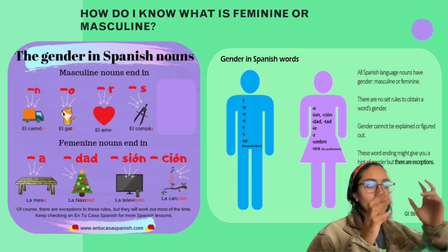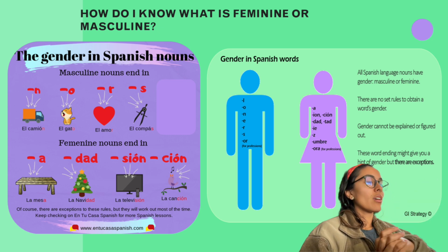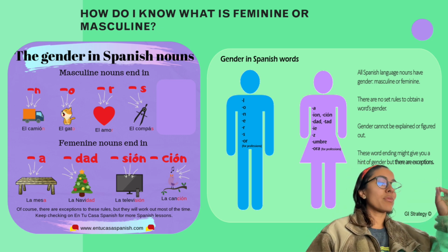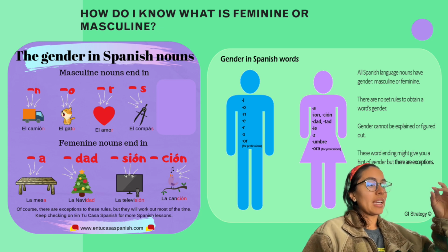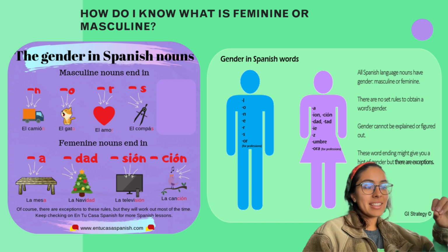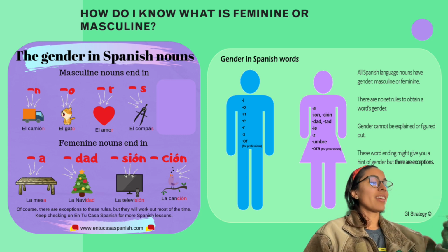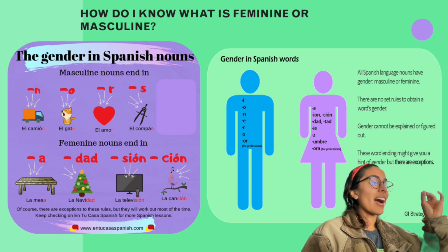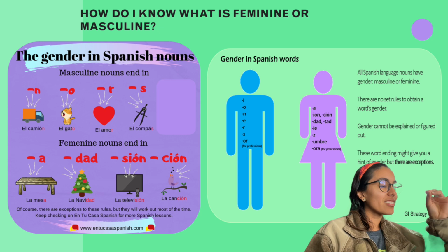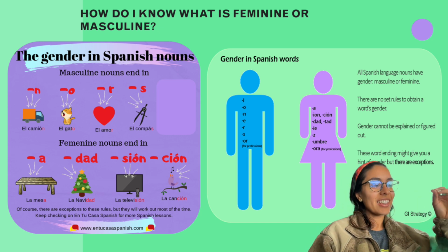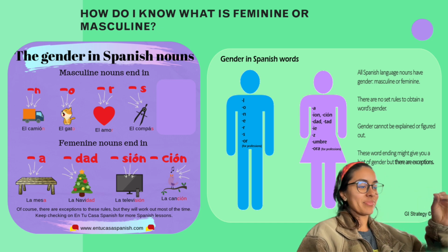Everything that is finishing in N, O, R, S is masculine. And everything that is ending in A, dad, sion, or cion is feminine.